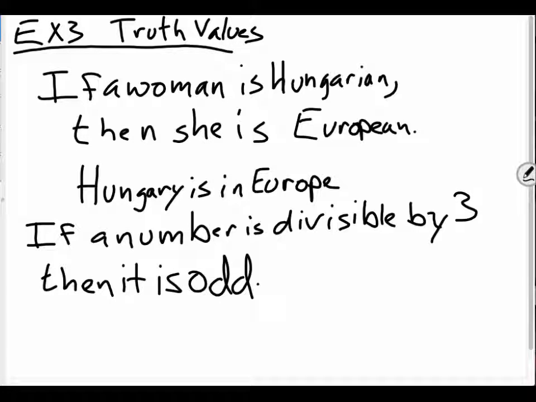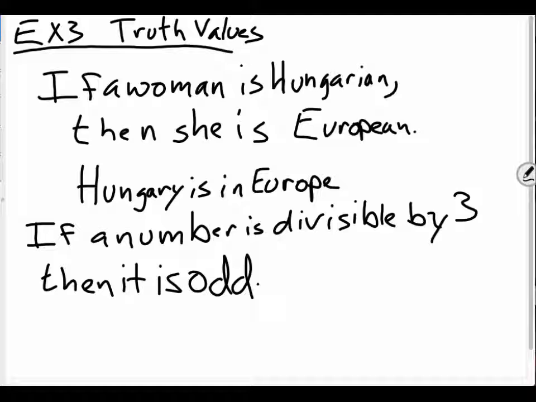Now there's a lot of odd numbers. In fact, there's an infinitely many amount of odd numbers. Consequently, there's infinitely many numbers divisible by 3. Right? So I couldn't list them all.